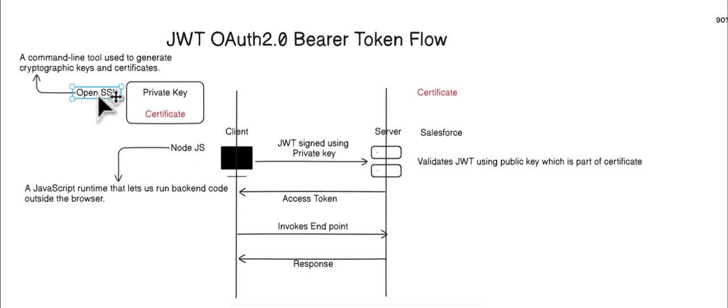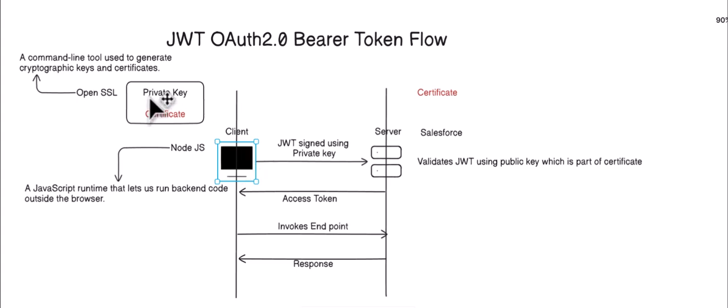And what is OpenSSL? OpenSSL is a command line tool used to generate cryptographic keys and certificates. All in all, we will use OpenSSL to generate the private key and certificate, and it is a self-signed certificate. So what we are doing essentially is, or rather the client is, generating a self-signed certificate.